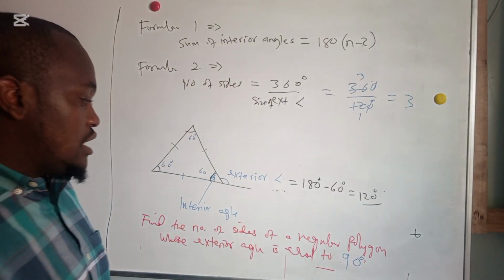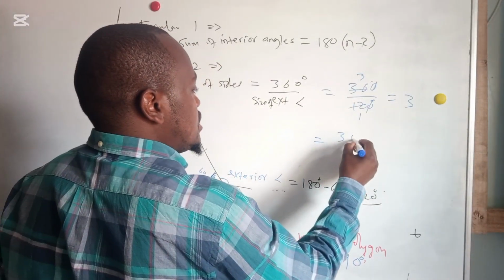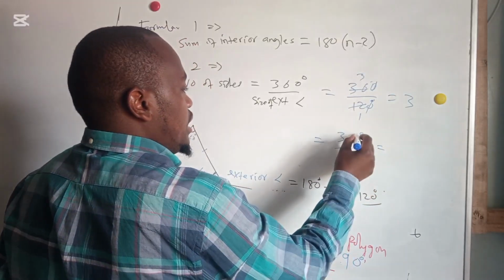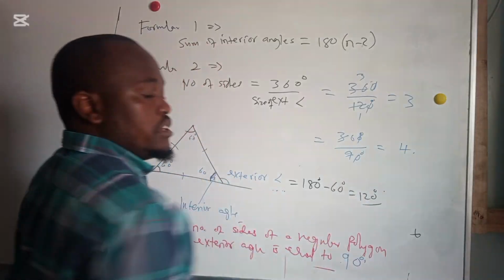So you just replace it: 360 degrees divided by 90 degrees. 9 goes into 36 4 times. So n would be 4.